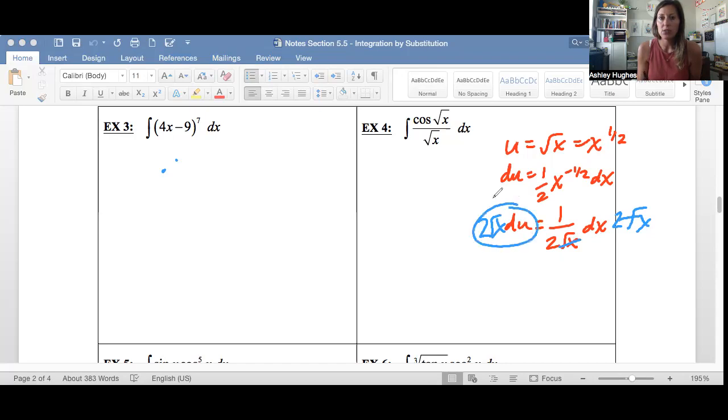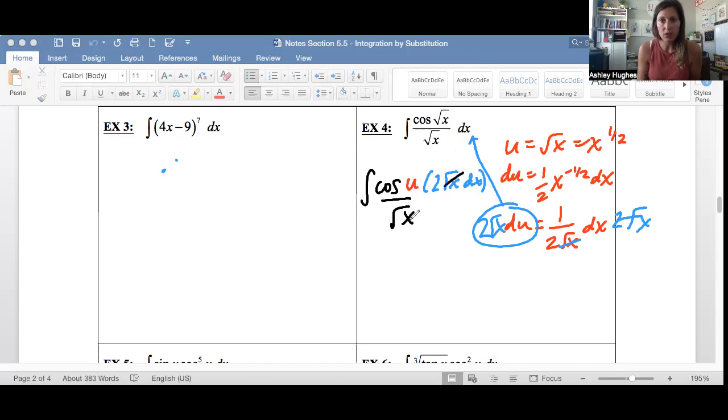So I'm going to substitute this in for dx. Okay, so I have cosine. Instead of the square root of x, I'm going to write u. And then instead of dx, I'm going to write 2 square roots of x dx. And then I still have divide by the square root of x.